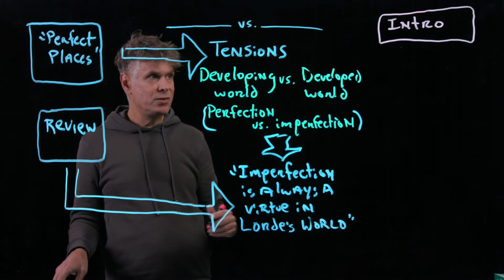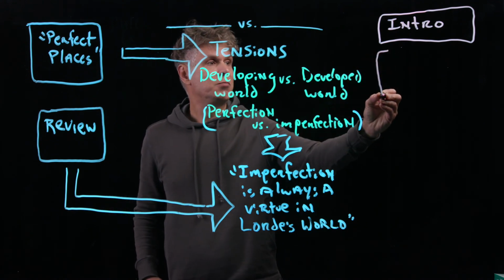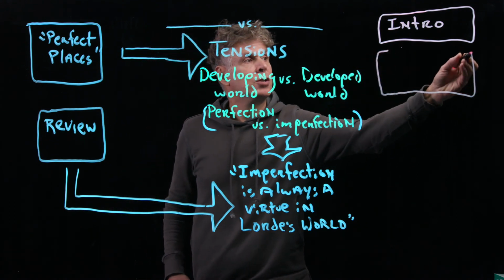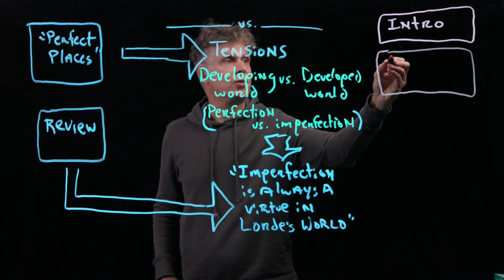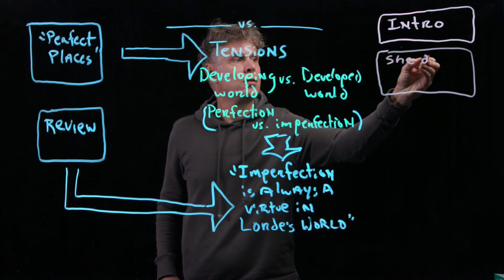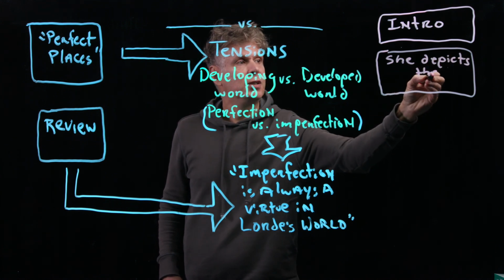And then after that, remember, this one's going to be my thing I'm going to play around with. So I'm interested in how she depicts the developing world in this video.